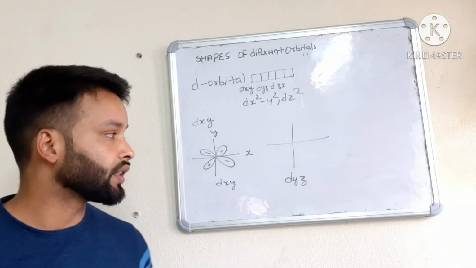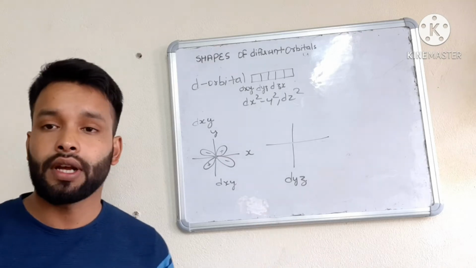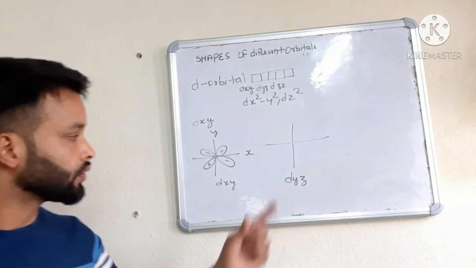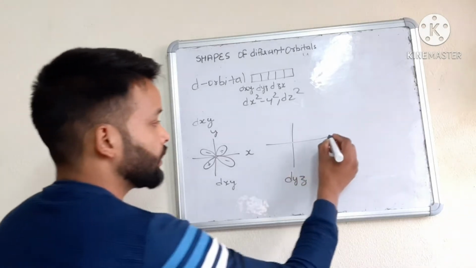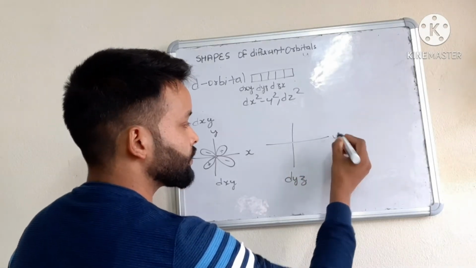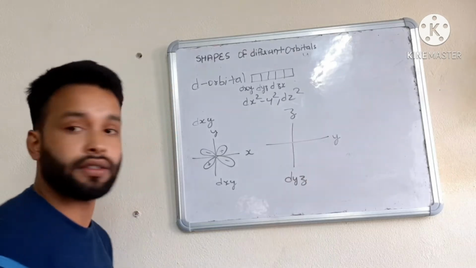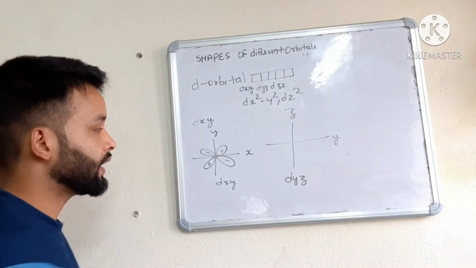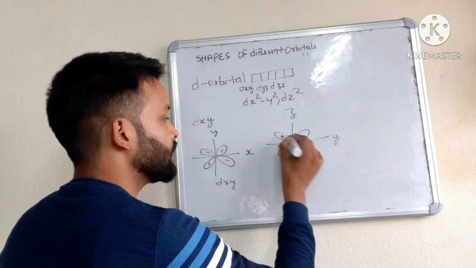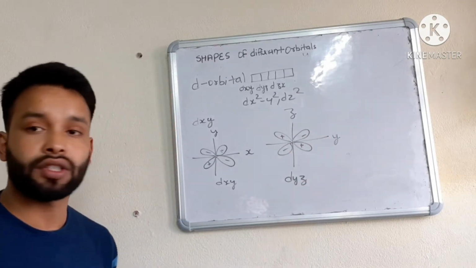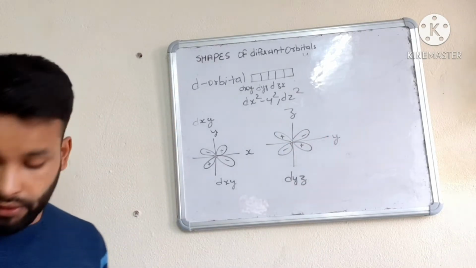If I am drawing these structures, I'll choose accordingly. So here for simplification, this is my y-axis and this is my z-axis. So how I'll draw the structures: dy and dz, plus plus, negative negative. So in this manner, this is my dyz.